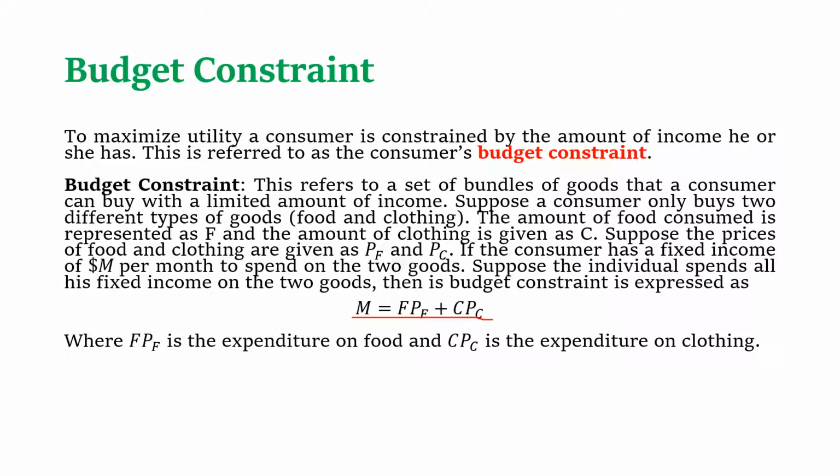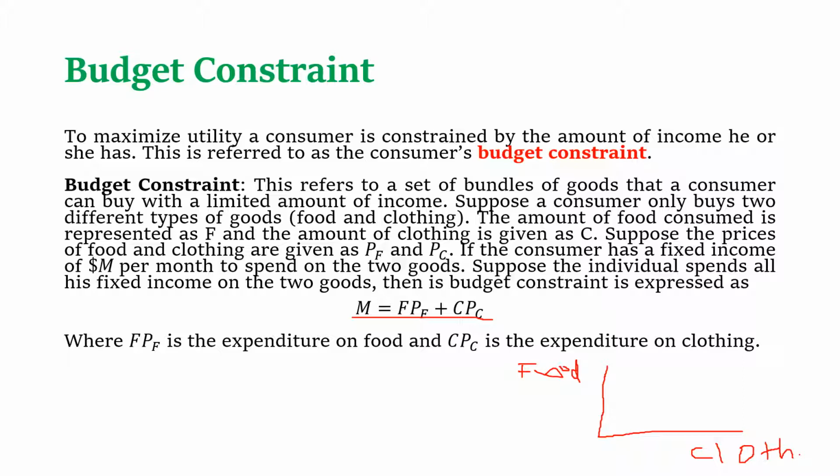So if we say we have the clothing axis on the horizontal line, and then let's say the vertical line represents maybe food, right? So we have food here. This is our food, for those of us who like to eat. And then we have clothing here, which is on the horizontal axis, right?